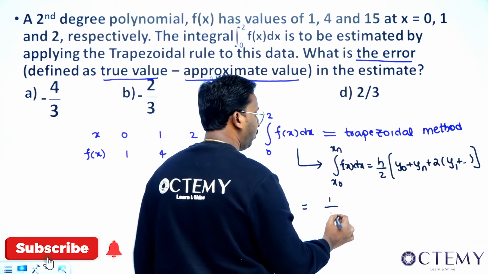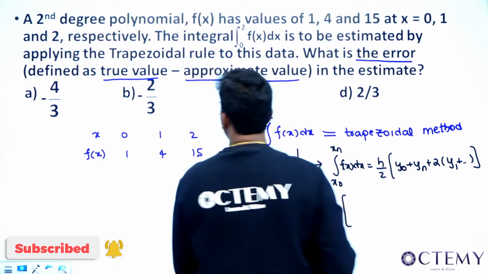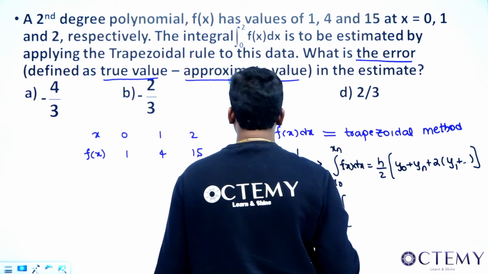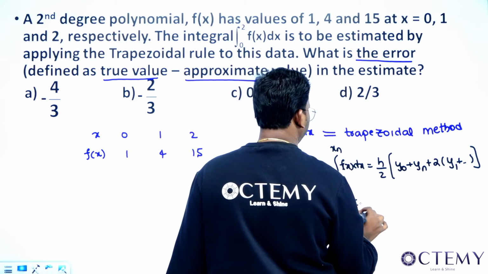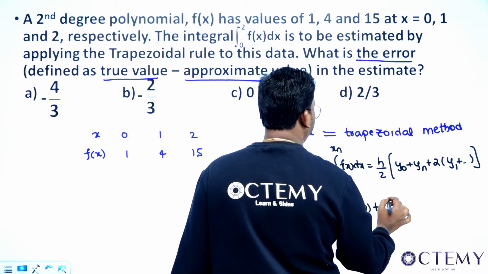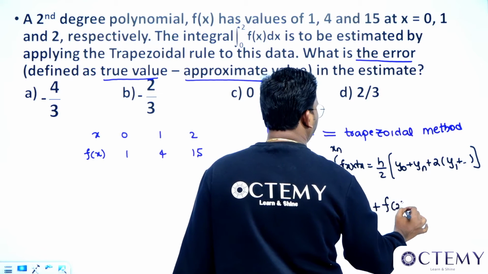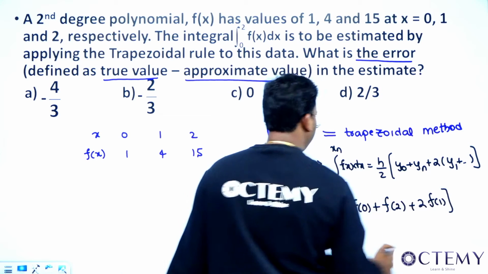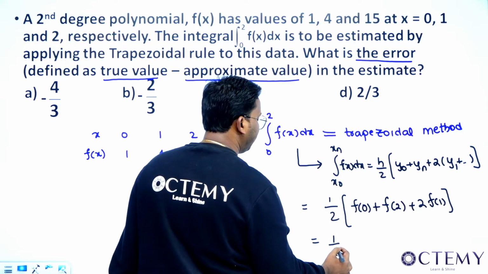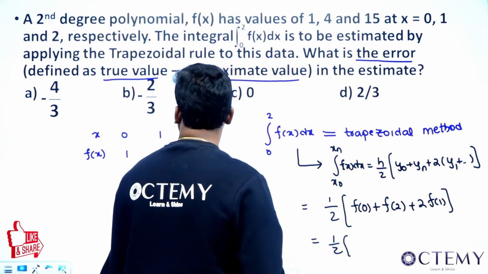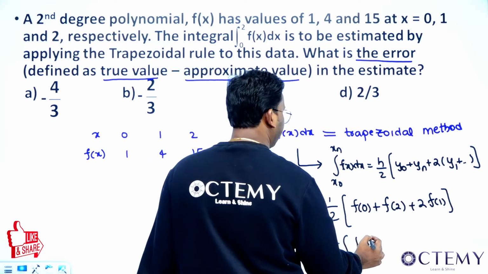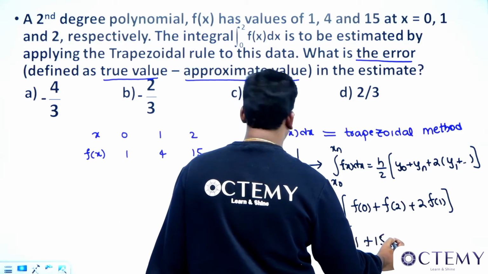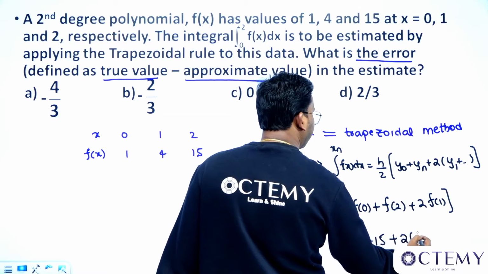So 1 by 2 times f of 0 plus f of 2 plus 2 times f of 1. This becomes half times 1 plus 15 plus 2 times 4.